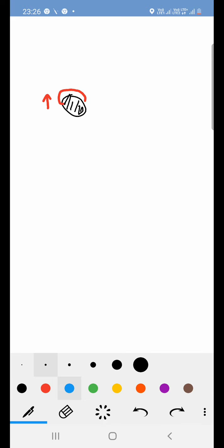So it can be visualized like this. If this is a metal sphere, there is an electron cloud surrounding it.